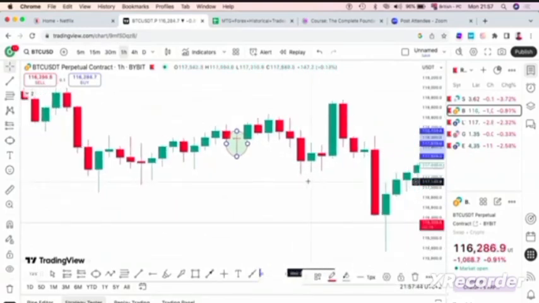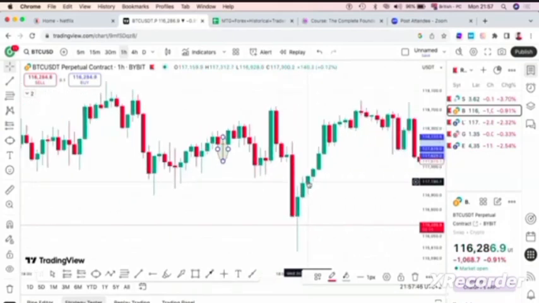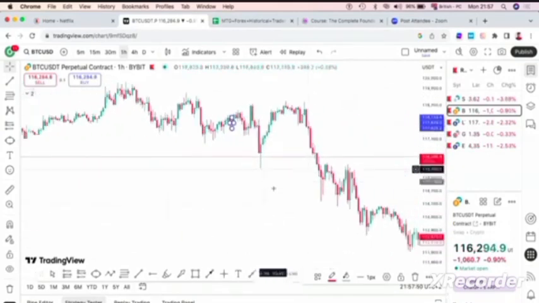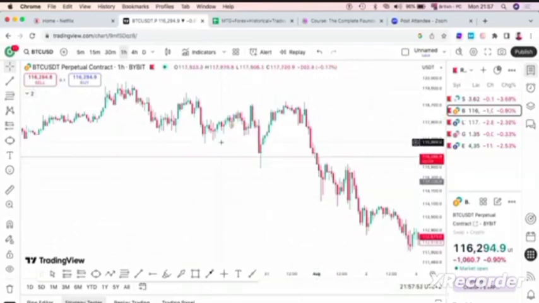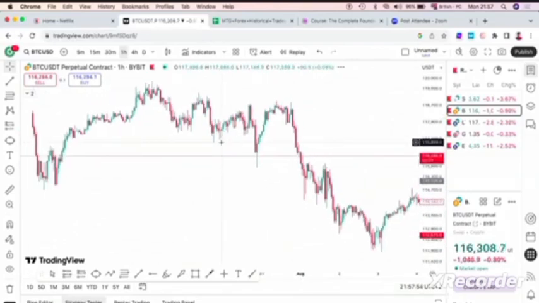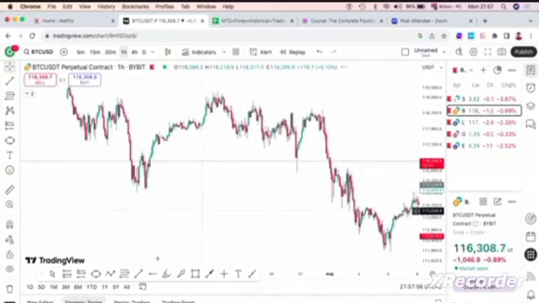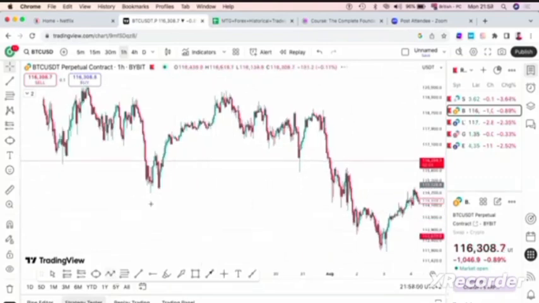Let's analyze this area and see what price did when there was a doji. So there was an indecision candle.